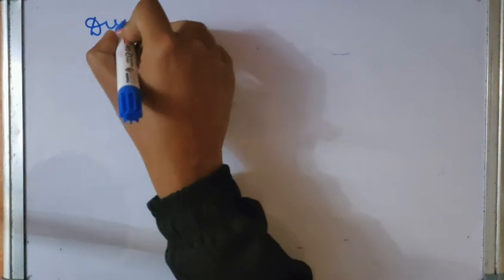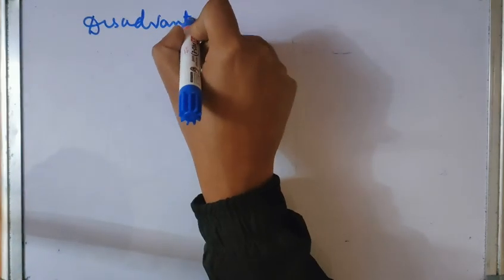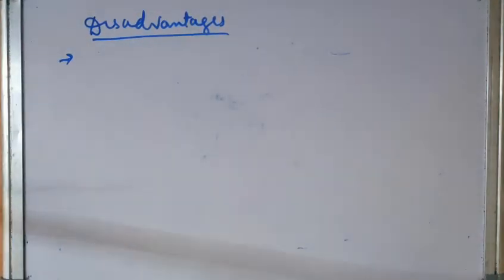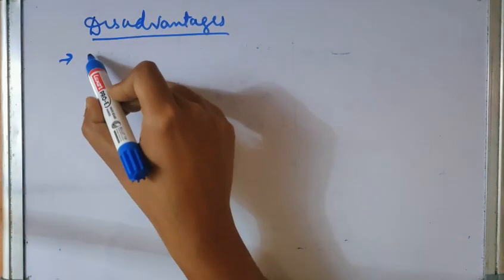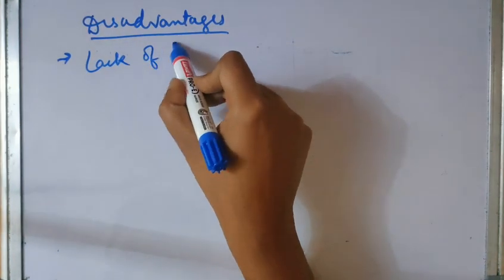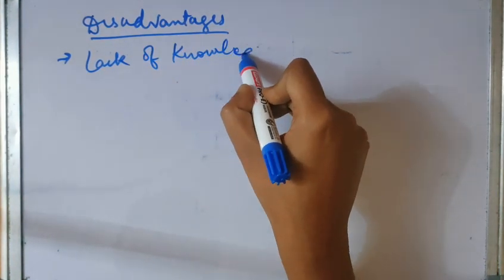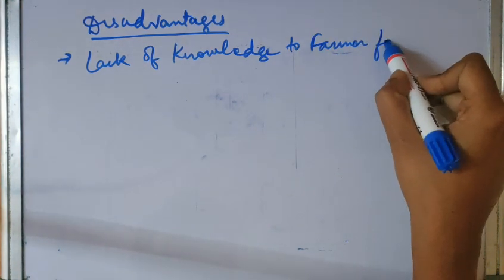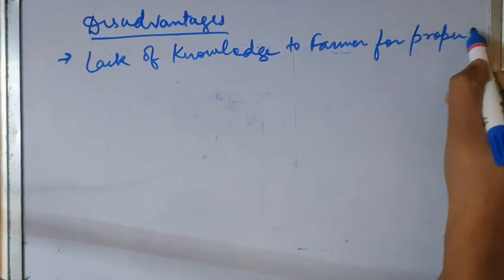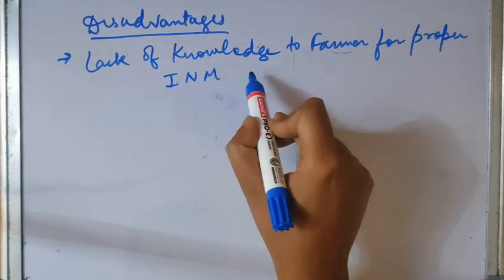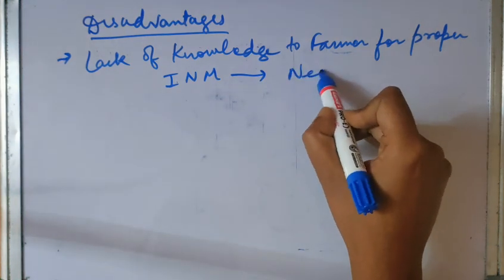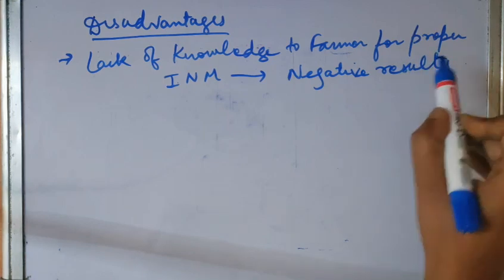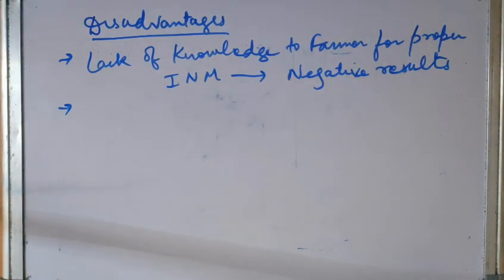Disadvantages: lack of knowledge to farmer for proper INM causes negative results. What it causes? Negative results, as farmers are not that aware, not that educated to use INM in a better way.